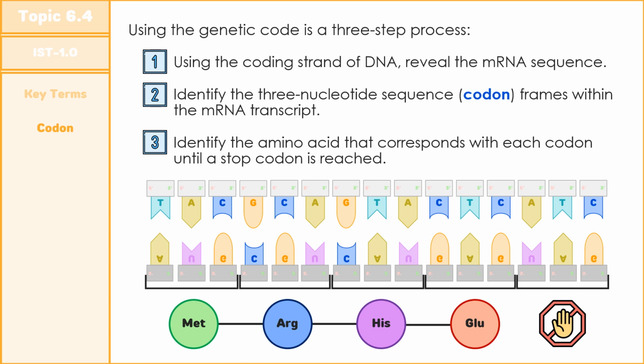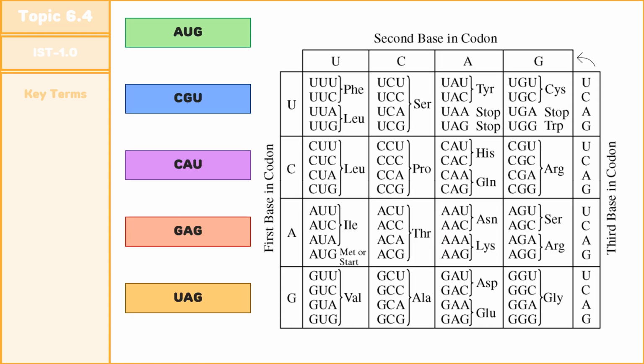Now, this is not something that I need you to be able to memorize because we have a tool that allows us to determine which amino acid is associated with each of our codons. And we use this codon chart, which comes in a variety of different forms, but this is the form that they use on the AP exam.